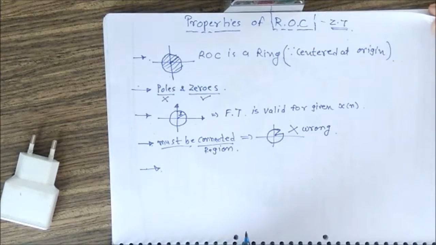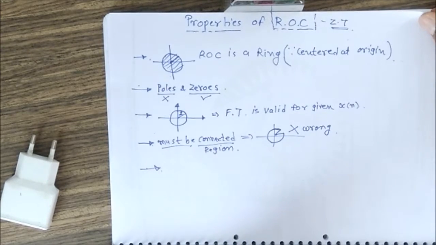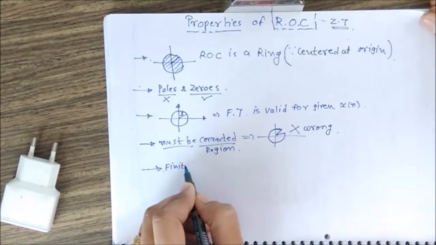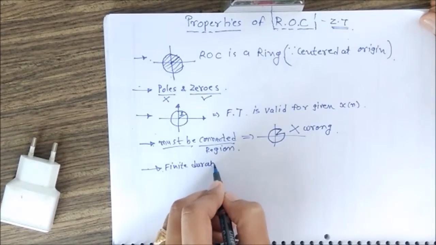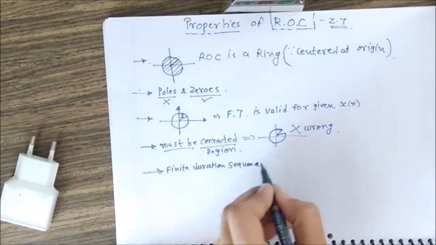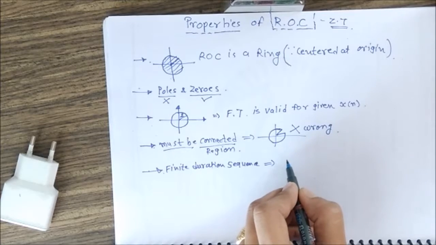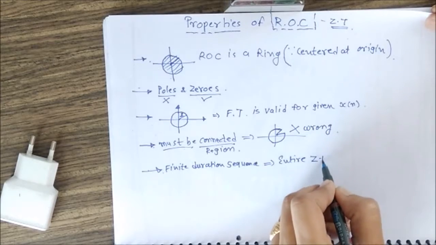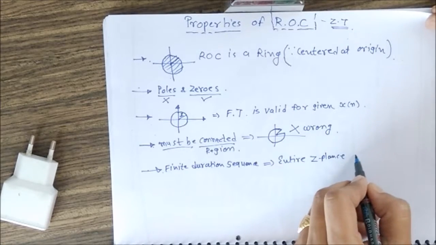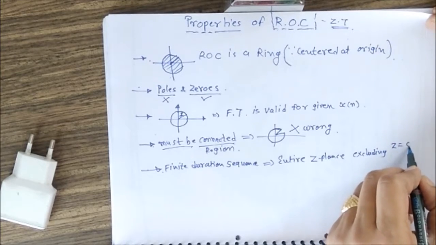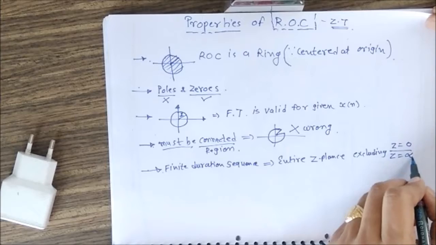The next important property, for a finite duration sequence: the ROC is the entire Z plane excluding Z equal to 0 and Z equal to infinity.